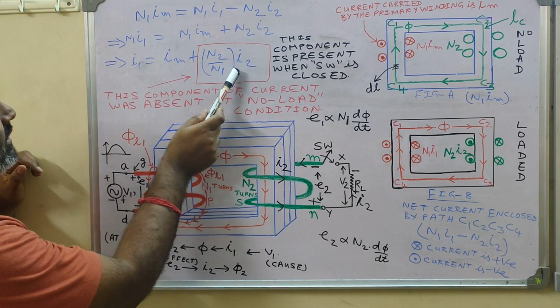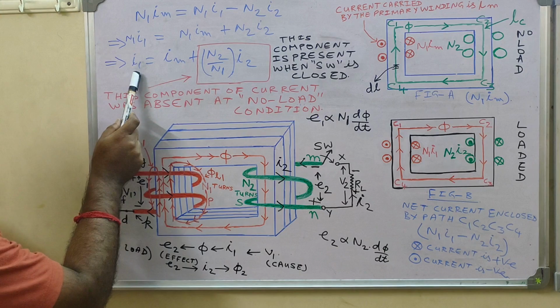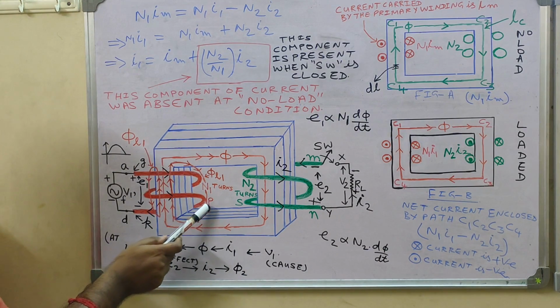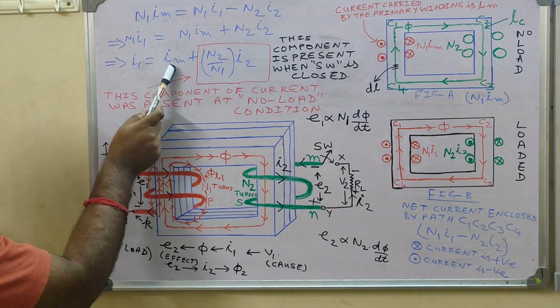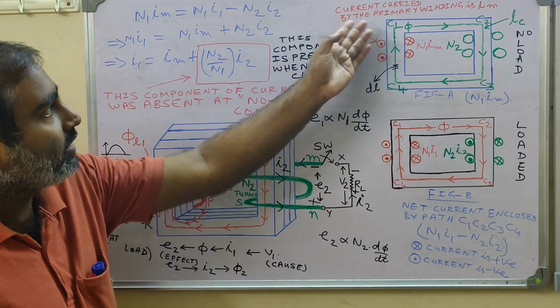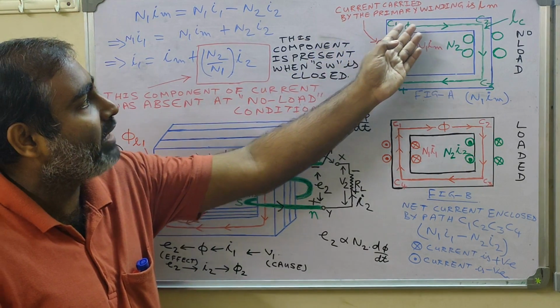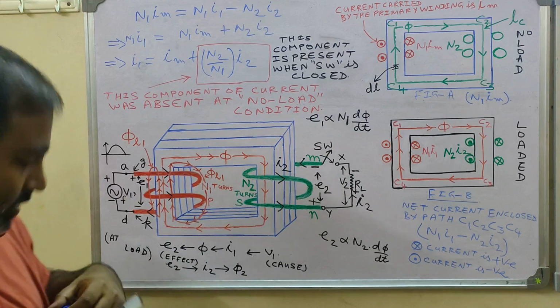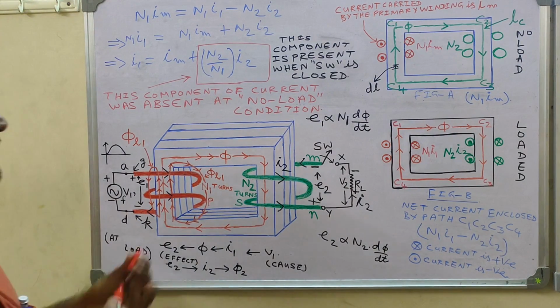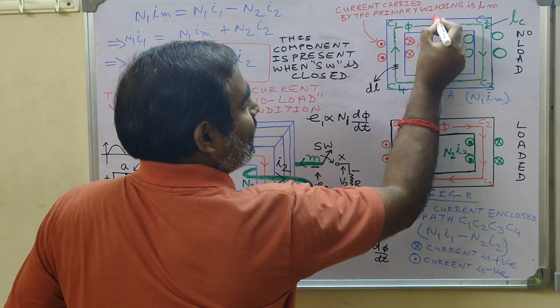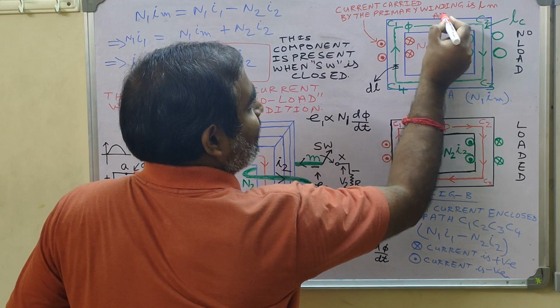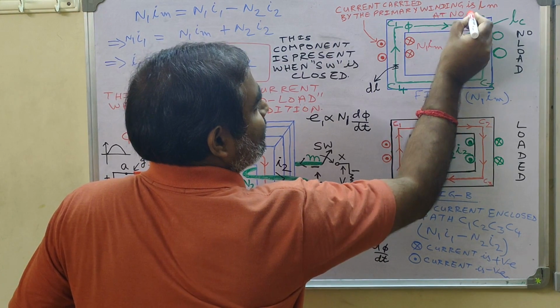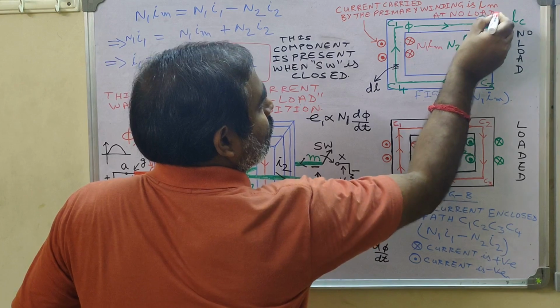If I2 is 0, then this term goes to 0. So the only current drawn by the primary coil P is Im, which was said earlier, that the current carried by the primary winding is Im at no load condition. Let me add this at no load so that it is very clear.